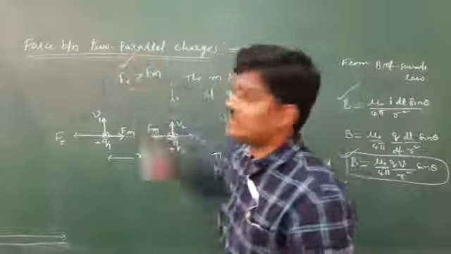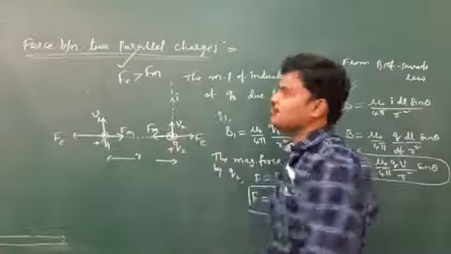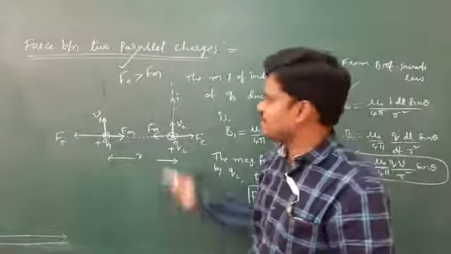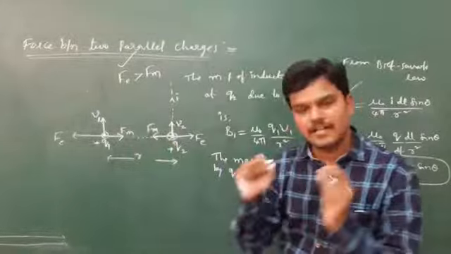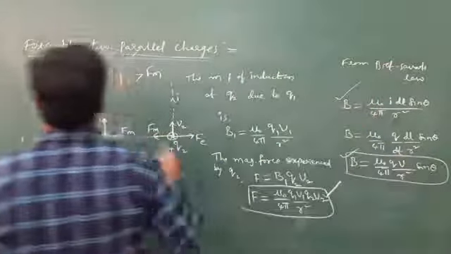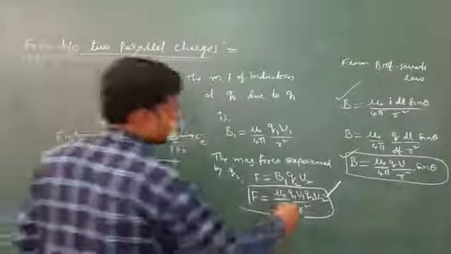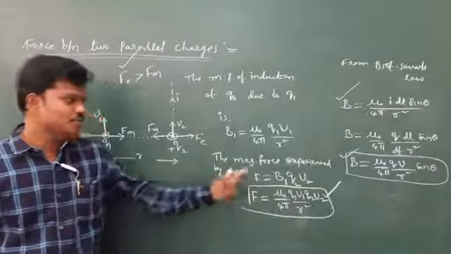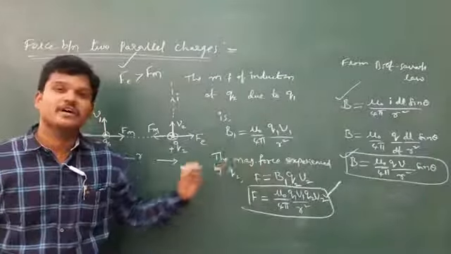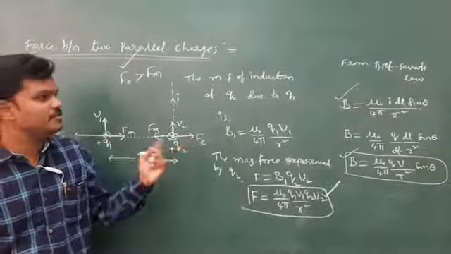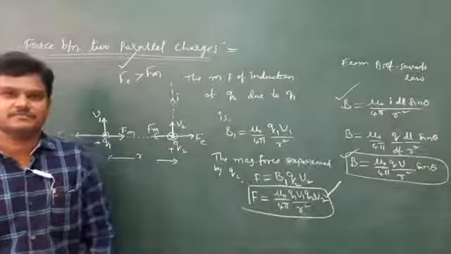Definitely they will repel, because the Coulomb force dominates the magnetic force. That's why these two charged particles will repel each other. Keep this in mind. The final formula I got for the force between two parallel charges is mu naught by 4 pi q1 q2 v1 v2 by r square. So observe carefully and practice a number of times.